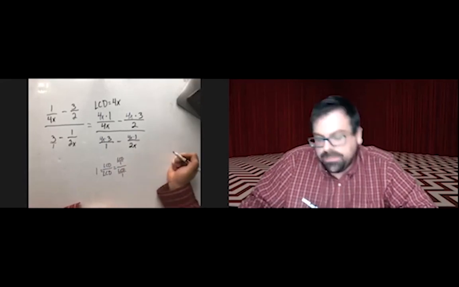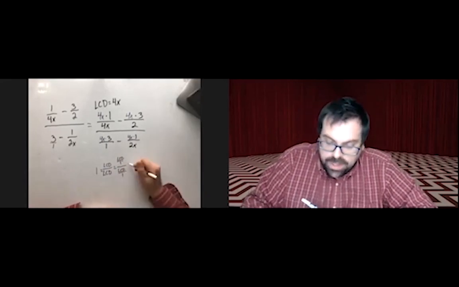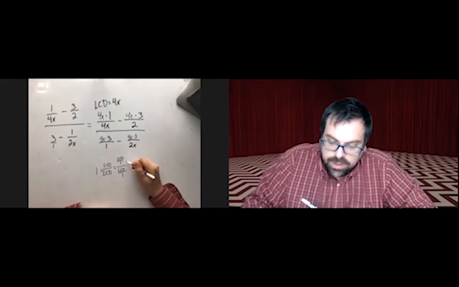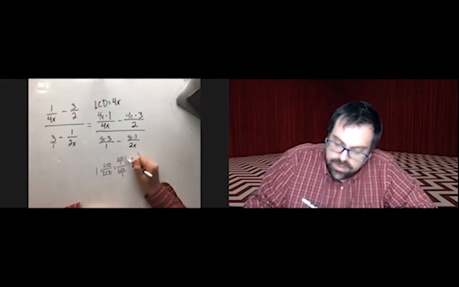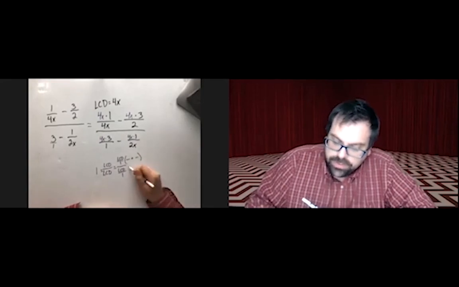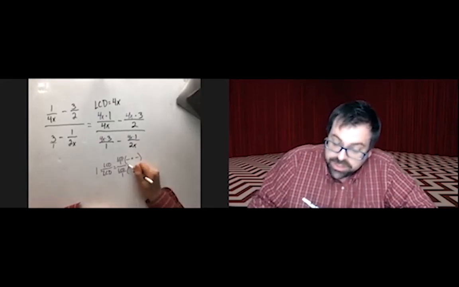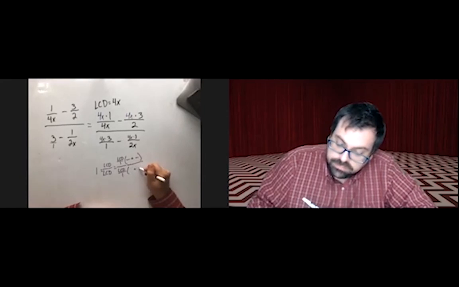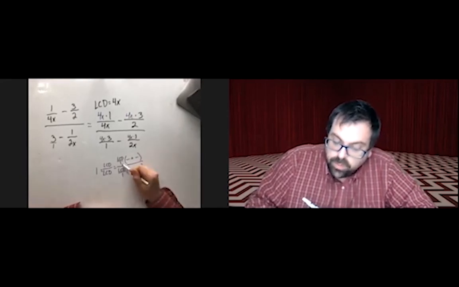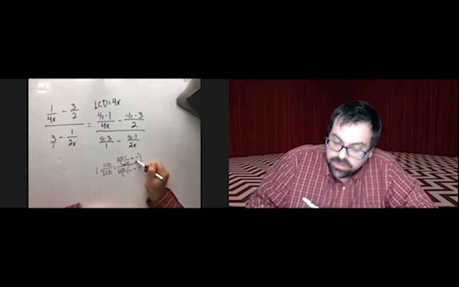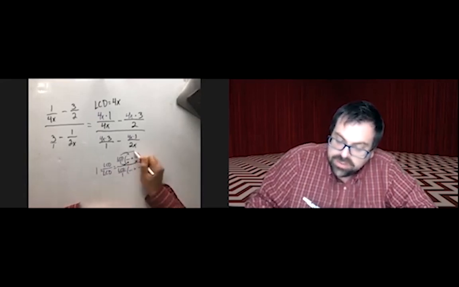LCD over 1. And if we were to multiply the LCD over 1 through some complex fraction, notice the 1 would distribute through the bottom and the LCD would distribute through the top.